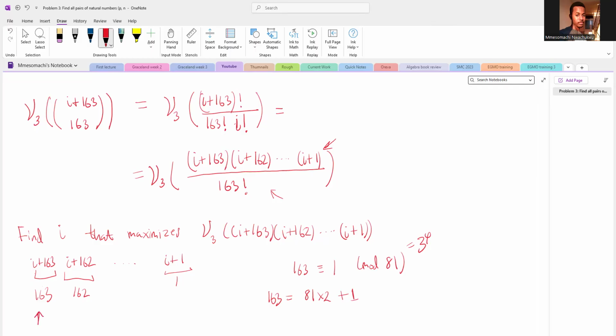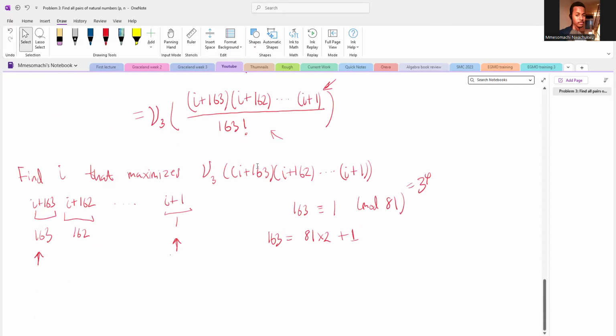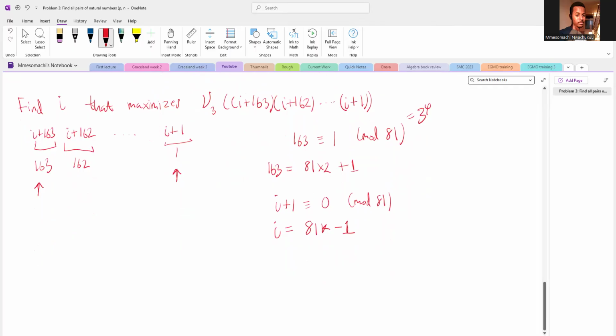There's only one possible way that 3 multiples of 81 can appear here: if the first and the last terms are both multiples of 81. So basically we want i plus 1 to be congruent to 0 mod 81. So we want i to be equal to some 81k minus 1. So we now restructure the problem.